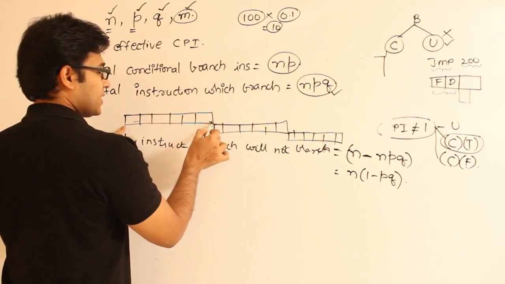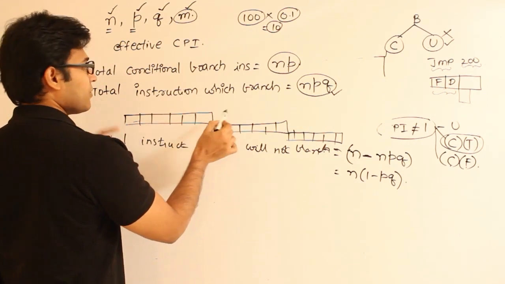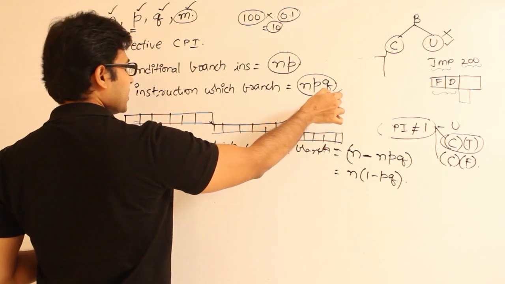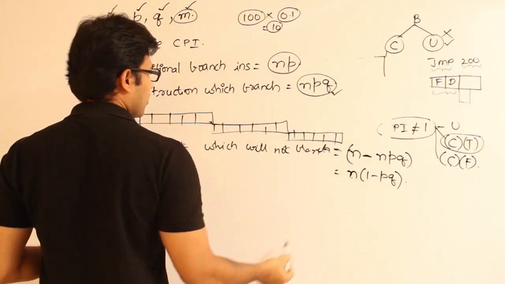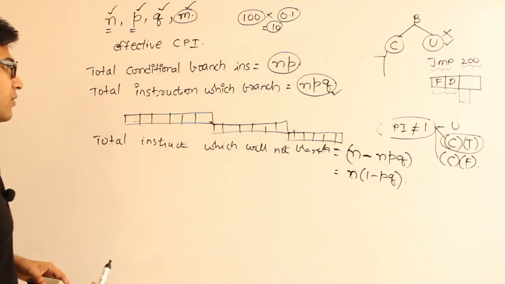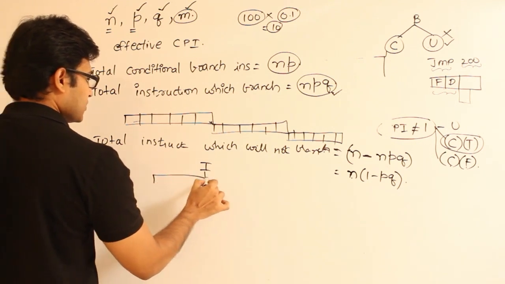Then how many cycles will it take for us to complete each instruction here? The number of cycles for these instructions will be M, and for the remaining instructions the clocks per instruction is always going to be 1.